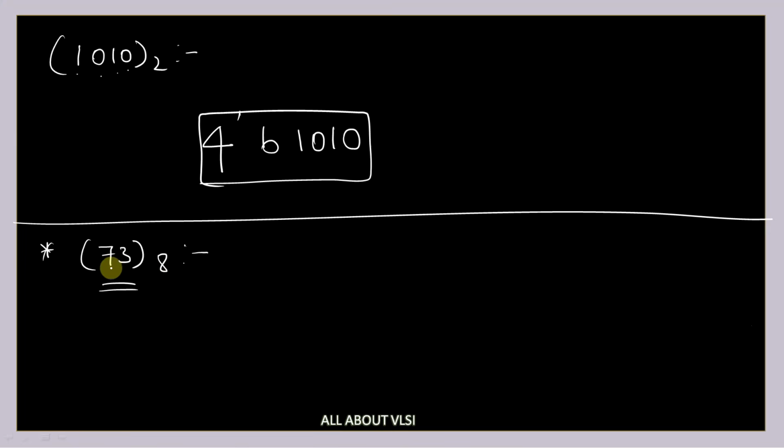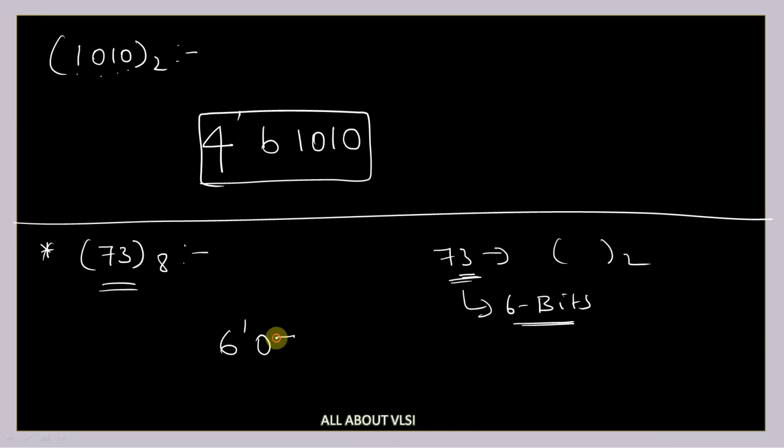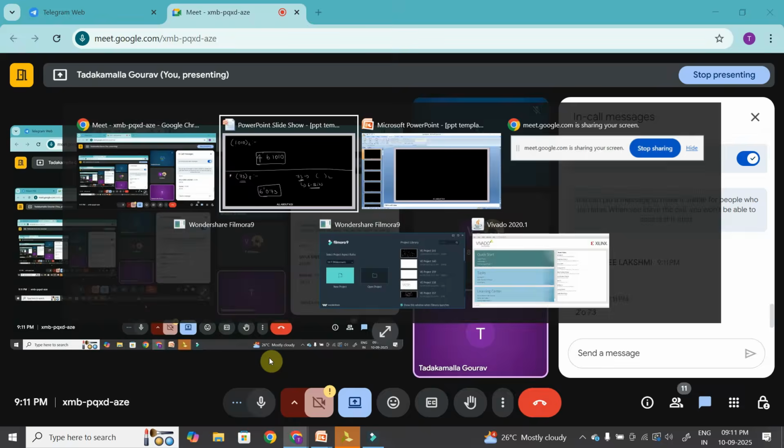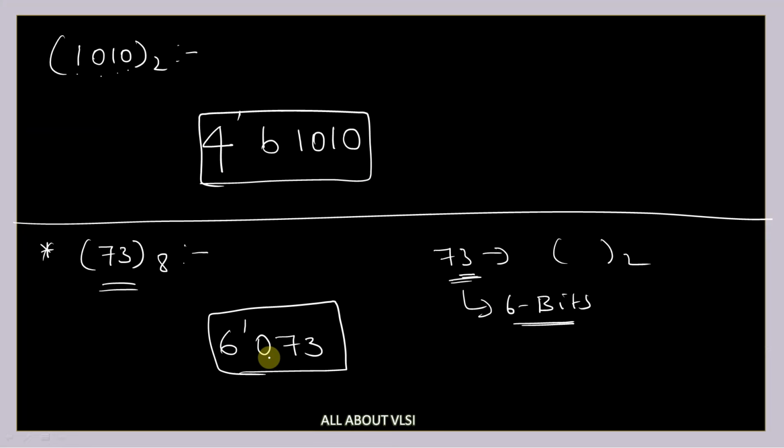We have two digits, but these are not bits. We need to convert 73 into binary. How many bits will we have? 6 bits, since each digit consists of 3 bits, so 3 plus 3, a total of 6 bits. So 6 tick O 73 is my answer. This is how I write my value in Verilog. Is it clear?